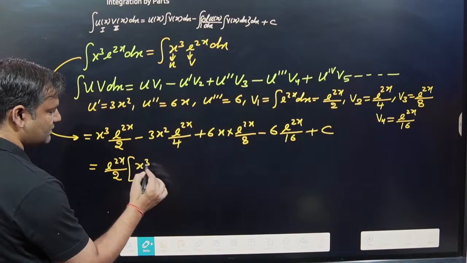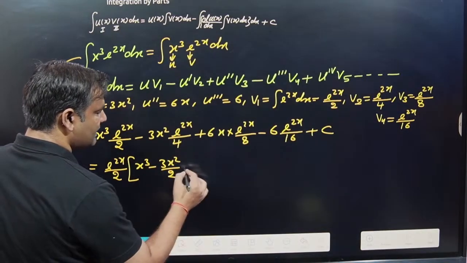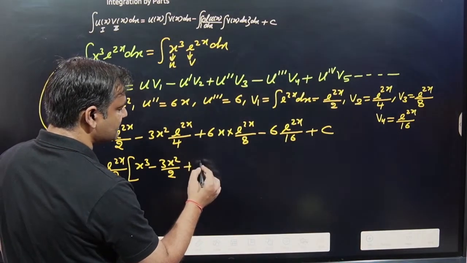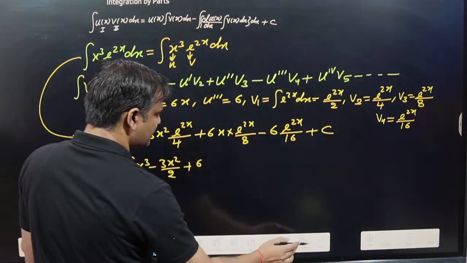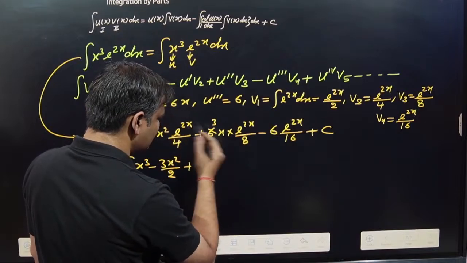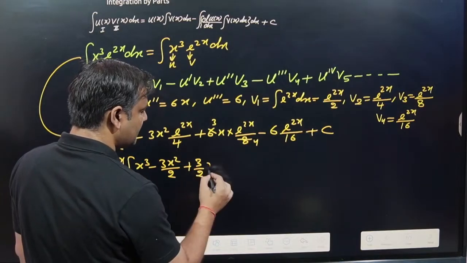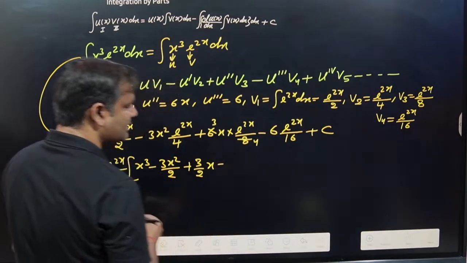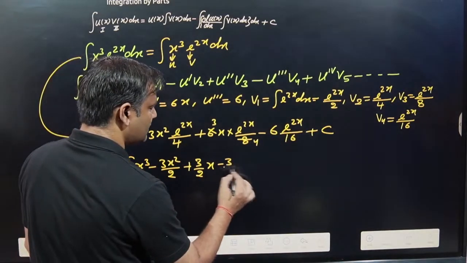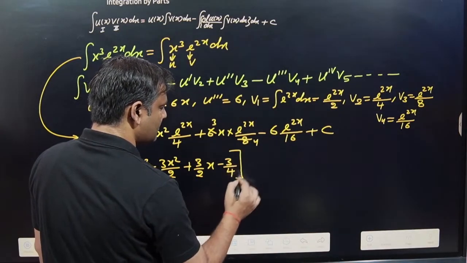So write here x cube minus 3x square divided by 2 plus 6x, or you can say 3x, basically 3 by 2, x, and minus 3 divided by 4, plus C is the right answer.